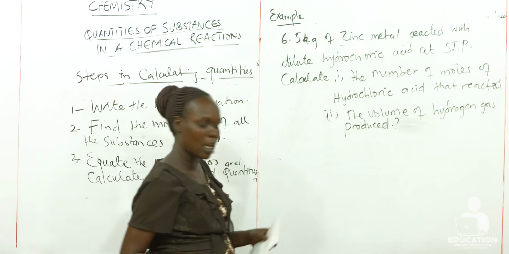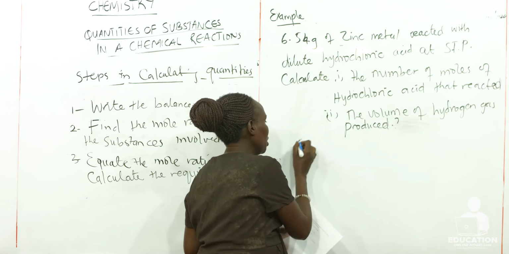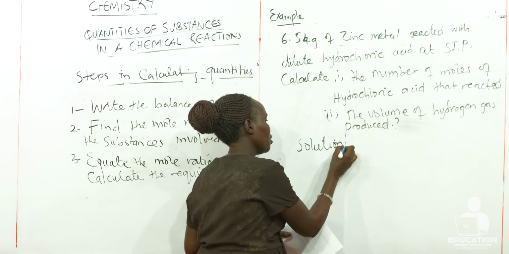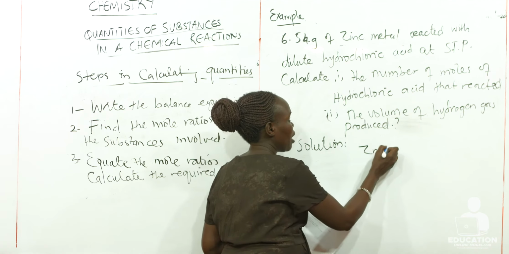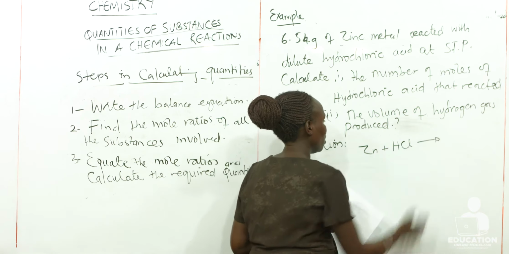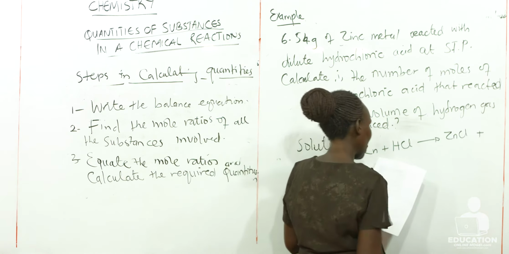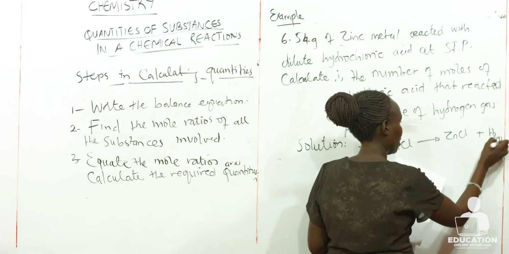It means in this reaction, the chemical equation is zinc plus hydrochloric acid will give us zinc chloride plus hydrogen gas.